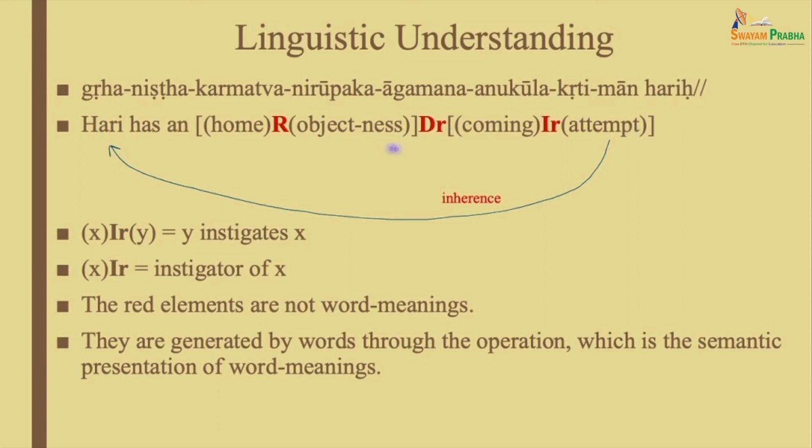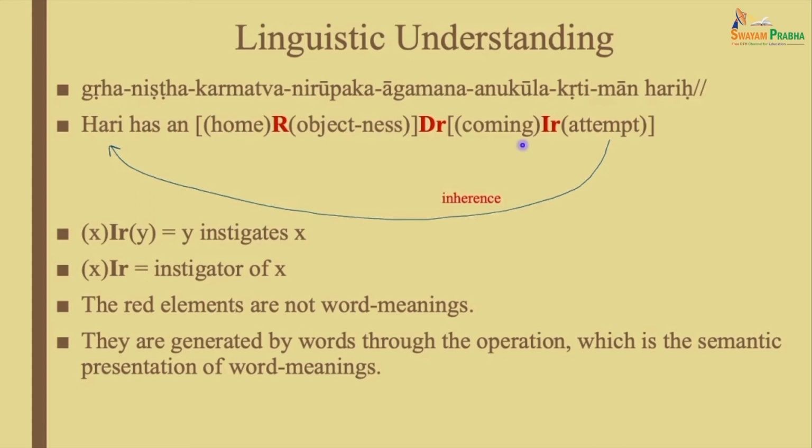What were not there are the nishthatva, that is residing, the determination, the instigation, and inherence. All these relations, rather this network of relations, are generated by the word meanings. Why are they generated? Because the words are connected through mutual expectancy. Now, where is all this happening? In the cognitive world of the hearer, right?